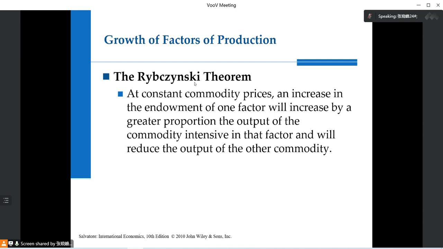That means if the commodity prices are kept constant, an increase in the endowment of one factor will increase by a greater proportion the output of the commodity intensive in that factor, and will reduce the output of the other commodity.